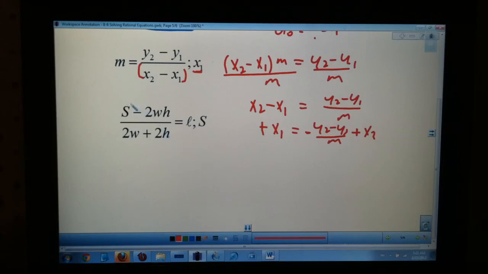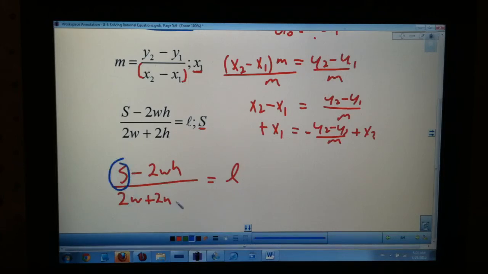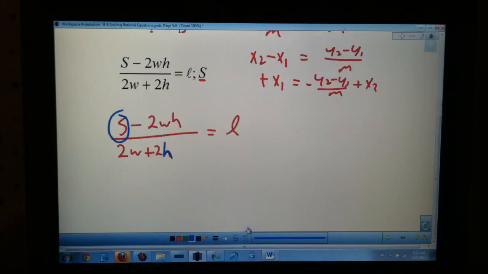Alright, and then the last one here, we're going to solve for capital S. So we have capital S minus 2WH over 2W plus 2H equals L. We want to get this capital S by itself. We need to first multiply by this bottom to get the fraction that broke apart and separated.